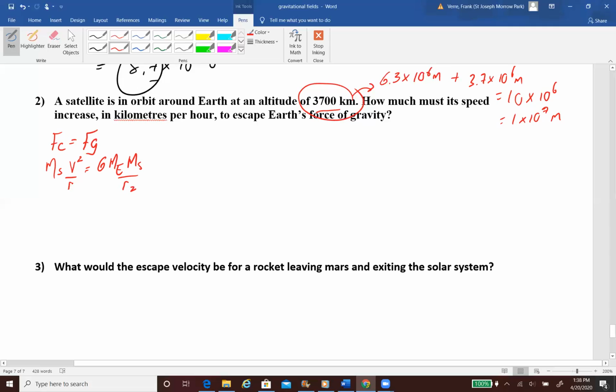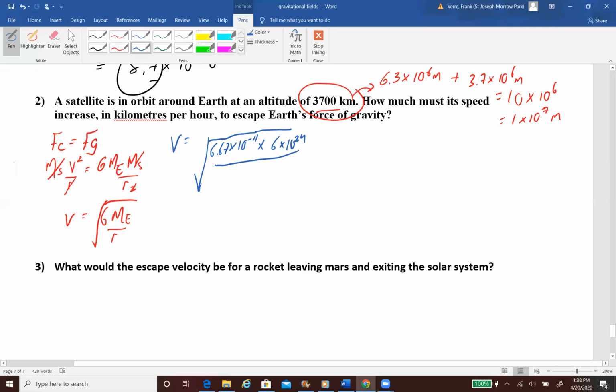So if we rearrange, you can see the mass of the satellite will cancel out, and r would be moved over to the side. So v squared would equal G M Earth over r. So v is the square root of G M Earth over r. Then we can figure out the speed of the satellite: 6.67 times 10 to the minus 11 times the mass of Earth.